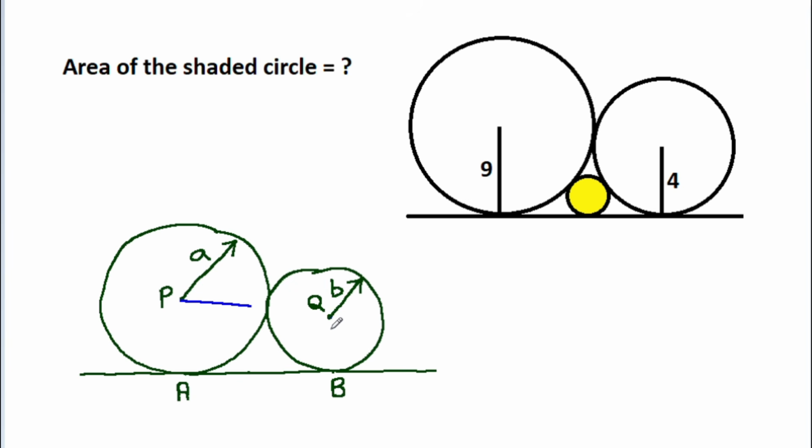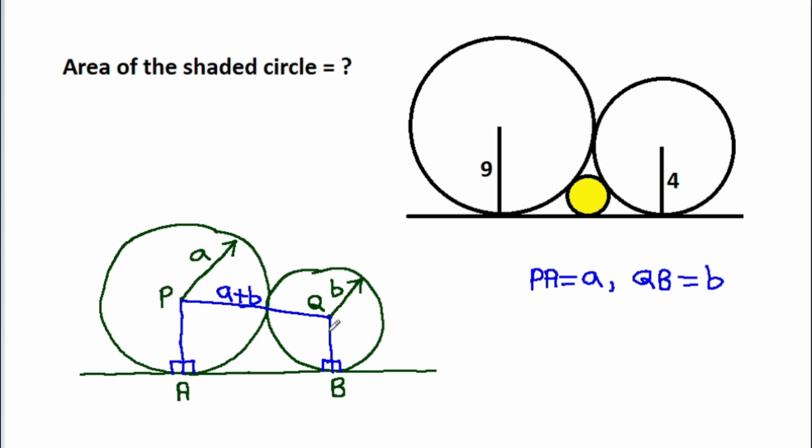PQ will be a plus b, and PA is radius, QB is radius, and radius is perpendicular to the tangent, and also PA is a and QB is b.